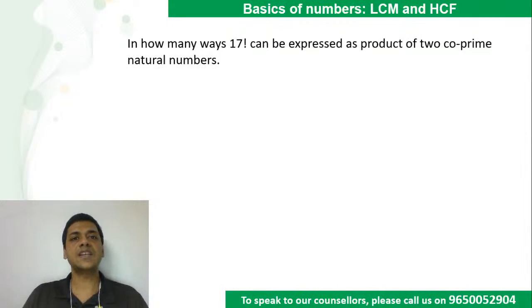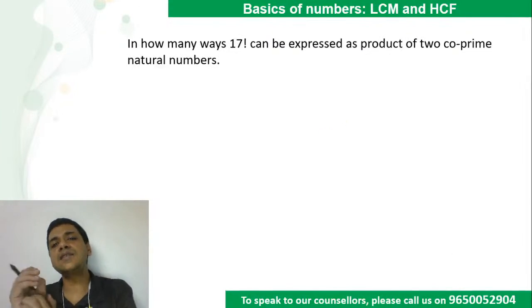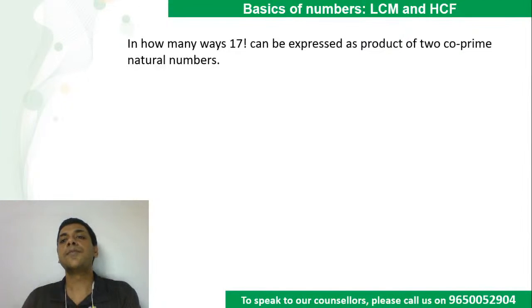Okay, coming to the next one. In how many ways can 17 factorial be expressed as a product of two co-prime numbers? If you remember the previous question, I am only concerned with the number of prime factors of the number. It does not make a difference whether it is 2 raised to power 7 or 2 raised to power 8.